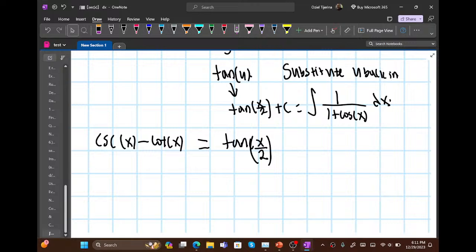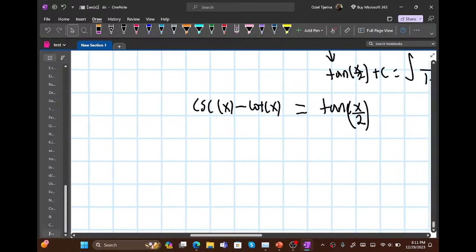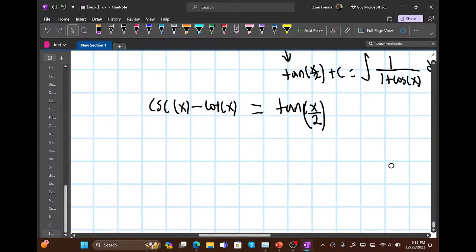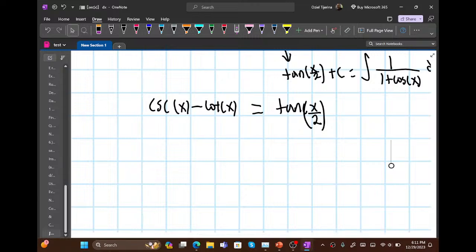What you're saying is negative cosecant x plus cotangent is equal to tan x over 2, but it's really cosecant minus cotangent, not negative cosecant plus cotangent. Okay, as long as it's the same thing.